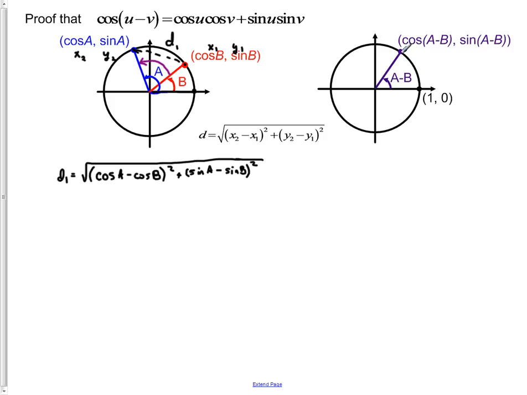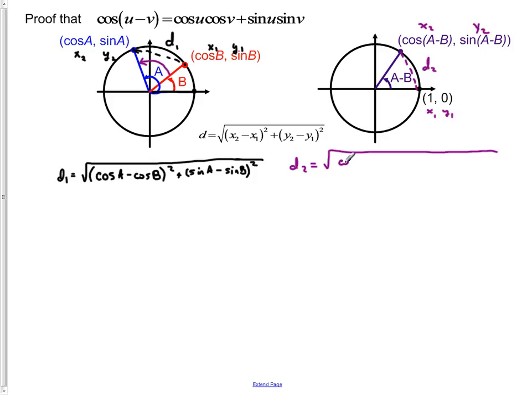So what we can say then is that if we were to find the distance between this point right here at A minus B and the point at 1, 0, we would have an equal distance. I'm going to call this distance 2. So what do we have? Distance 2 in this case is also going to be likewise our difference in our x value. So let's call this x2 and y2, and let's call this x1 and y1 here at the coordinate 1, 0.